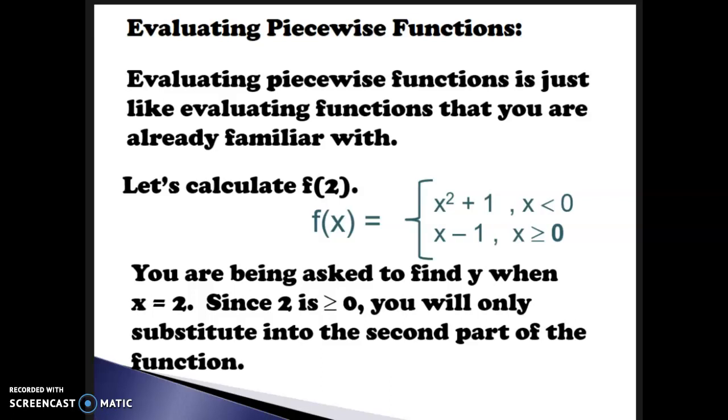If you look at those restrictions on the end, since 2 is greater than or equal to 0, you will only substitute it into the second part of the function. So you're going to put a 2 in for x right there. 2 minus 1 is equal to 1, so therefore f of 2 is equal to 1.